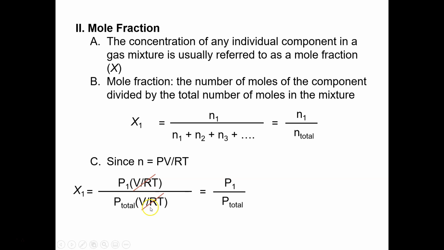When you plug it in like this, you can see that V over RT cancels out. And what you're left with is P1 over P total is equal to the mole fraction of 1, so X1. And when you rearrange it, it gives you P1 equals X1 times P total.